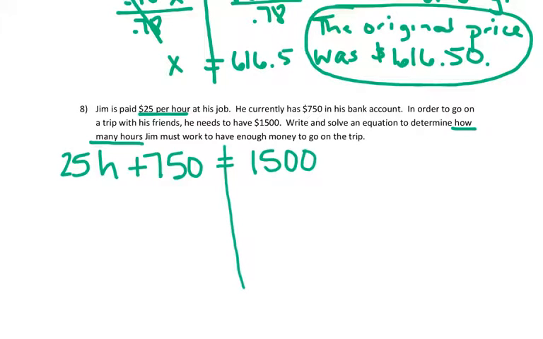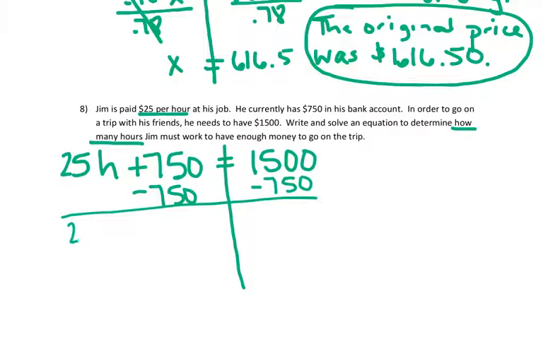Now we're ready to solve. We need to subtract 750 from each side. So that leaves us with 25h. When we drop that down, 750 minus 750 is 0, so that cancels, is equal to 750.